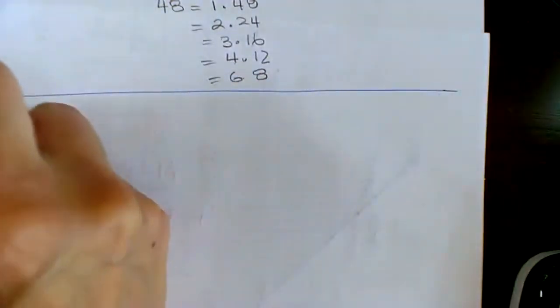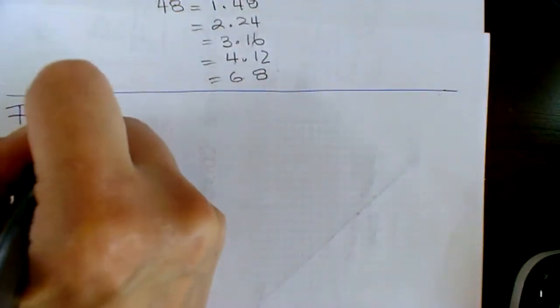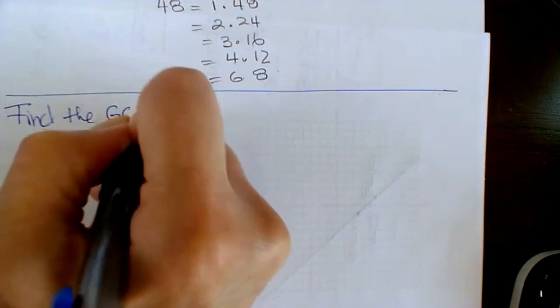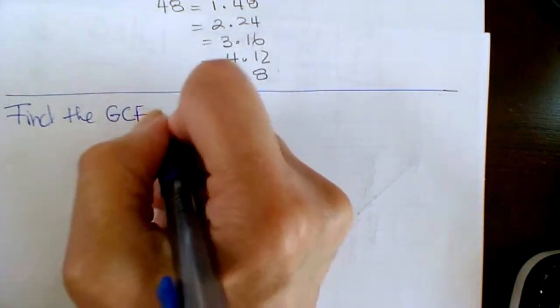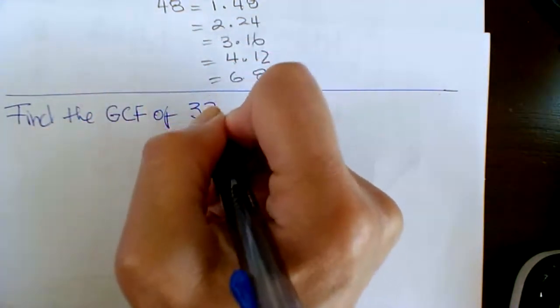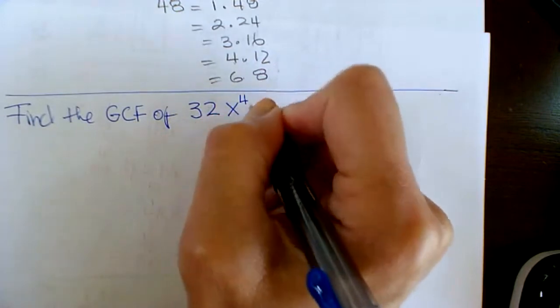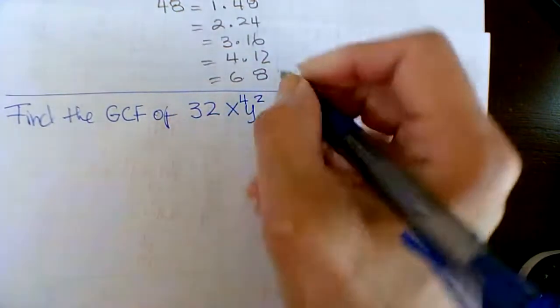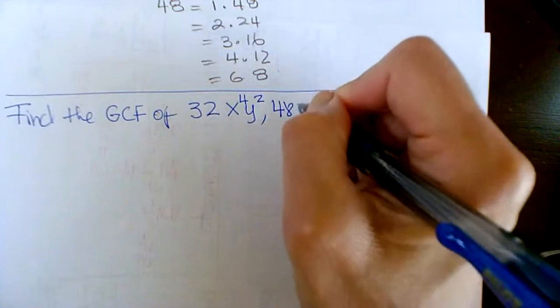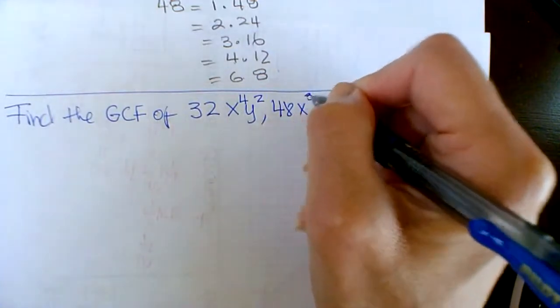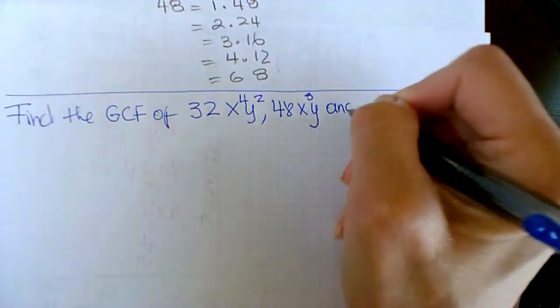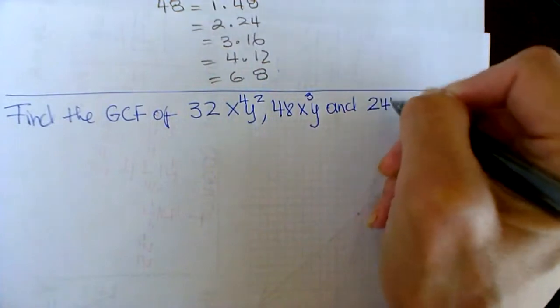So it says find the GCF, greatest common factor, of 32x to the 4th y to the second, 48x to the third y, and 24y squared.